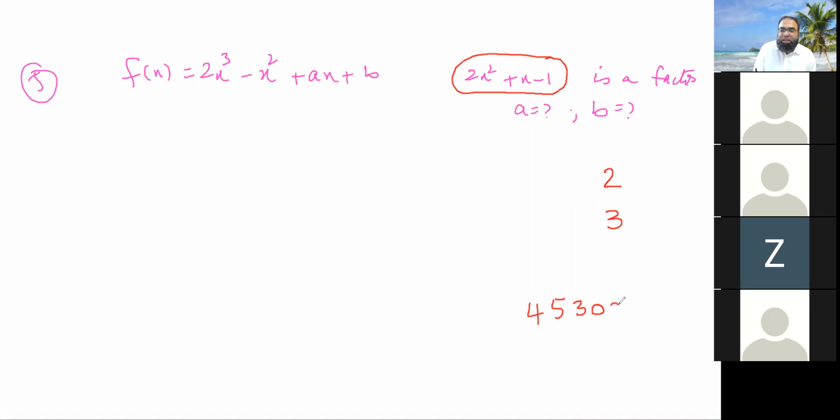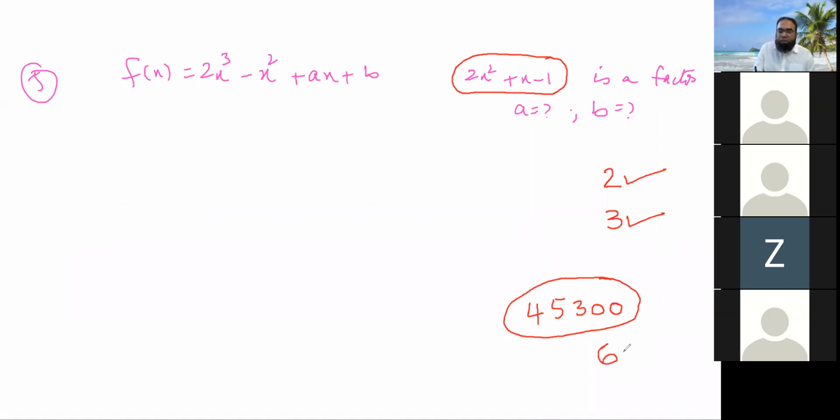Okay, now suppose we have 45,300 and the question is if this number is divisible by 6. Now you can say like your teacher is cheating with you. He has taught you how to determine if a number is divisible by 2 and how to determine if a number has a factor 3.